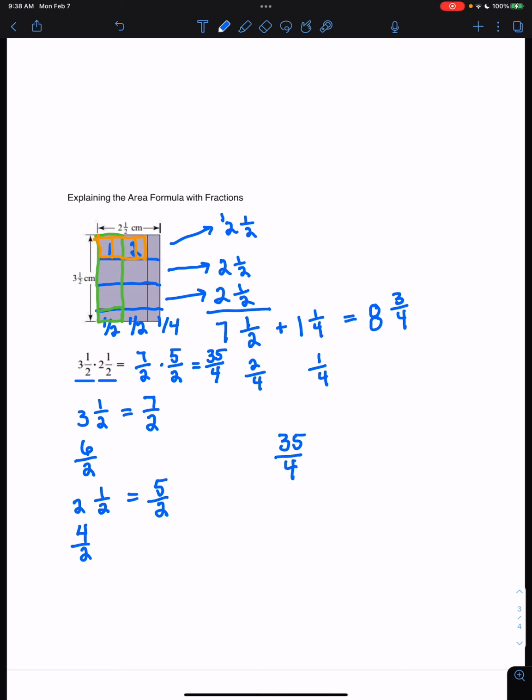Remember I said fractions are really just division problems. So we can go from 35 fourths, 35 divided by 4. How many times does 4 go into 35? Well, it almost goes 9 times. 9 times 4 is 36. So it's really going to go in 8 times.